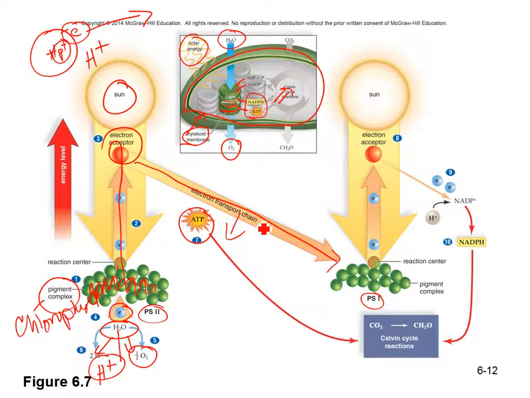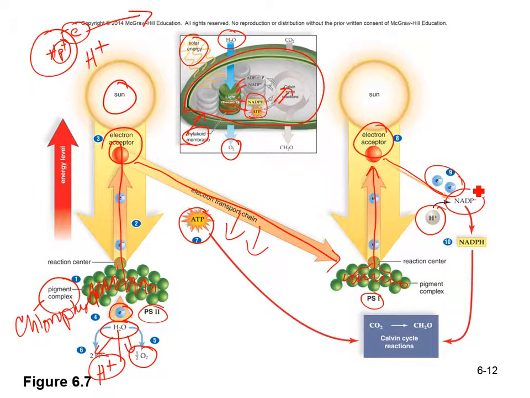ATP is made in this process. We'll come back and look at that. Then the electron gets to photosystem 1 and it bounces around these pigments. It gets excited again to the point of this electron acceptor. Now my electrons come out of photosystem 1. The electrons bind with the hydrogen and something called NADP+.